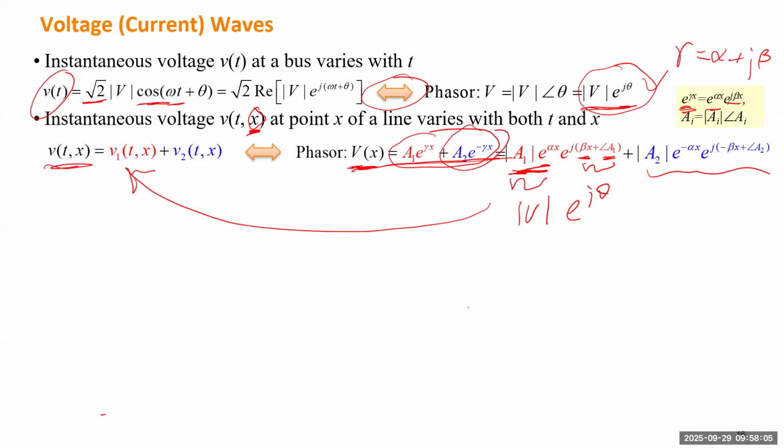So the magnitude will be the magnitude of A2 times e to the negative alpha x, and the angle will come partly from the negative beta x and partly from A2. So this one can also be called E1.